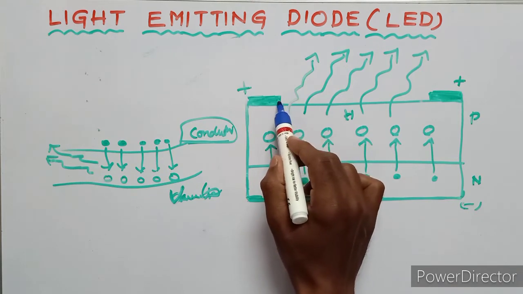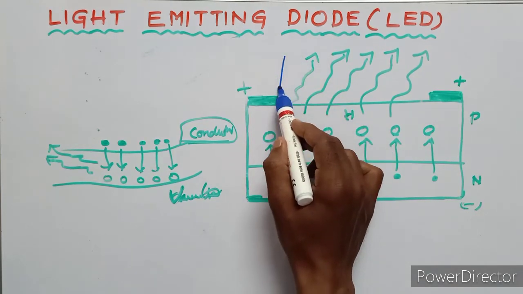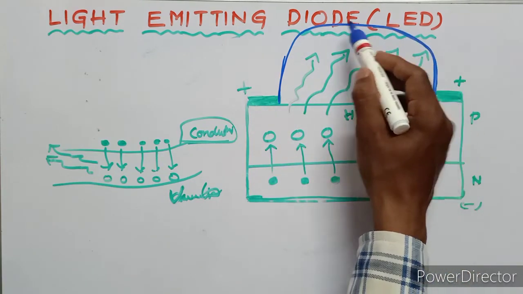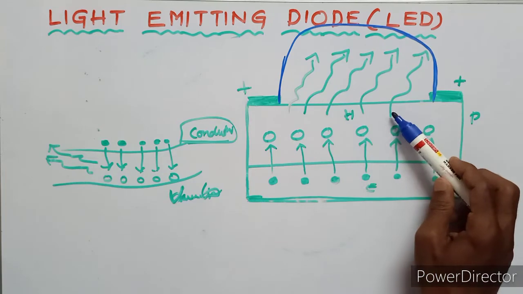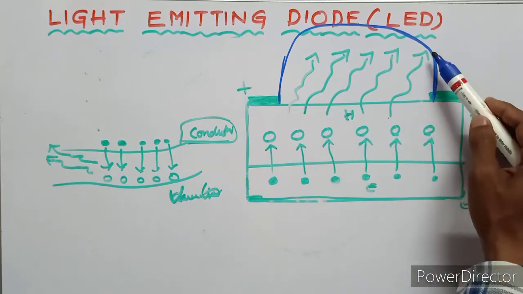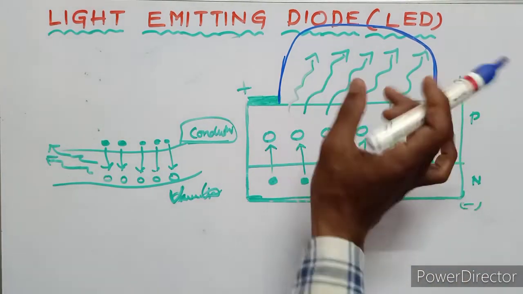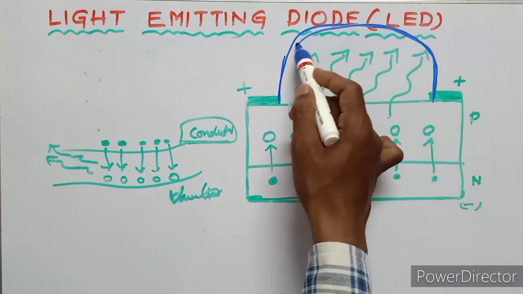When we apply the voltage, the photons hit this surface, and we get light brightness. So this is the LED.